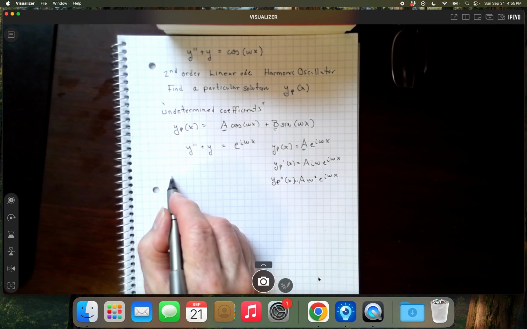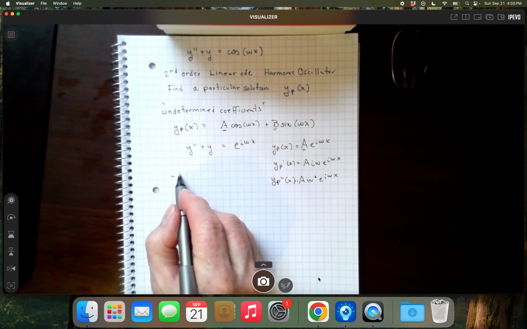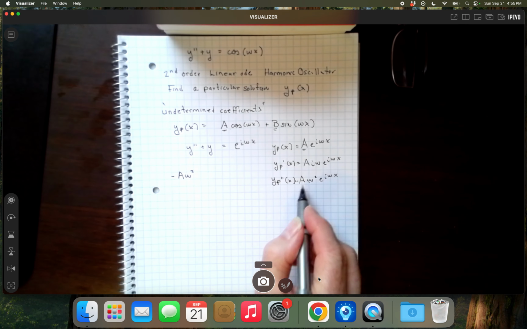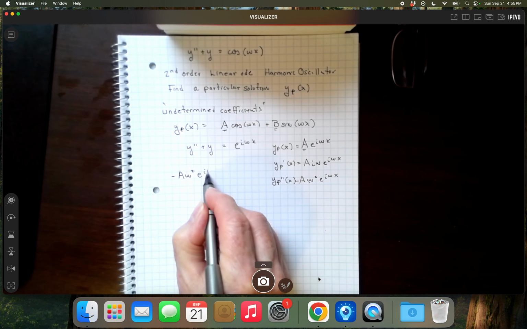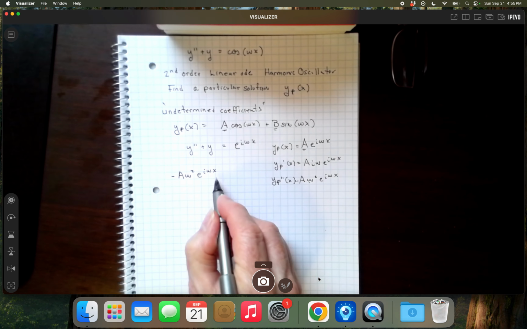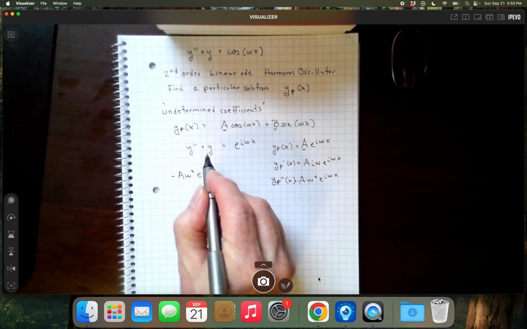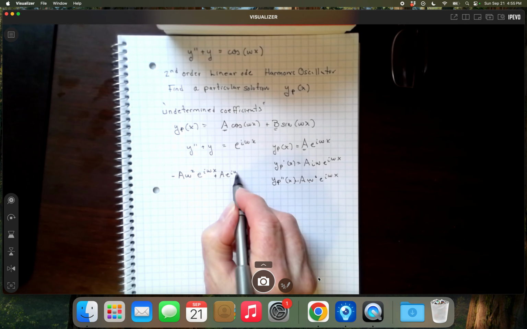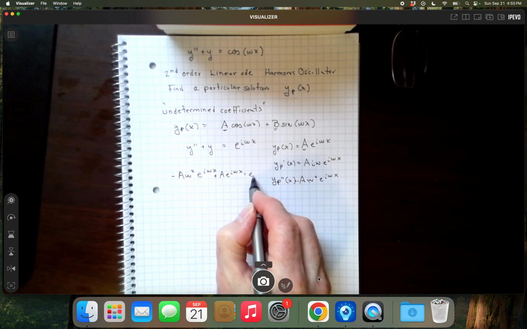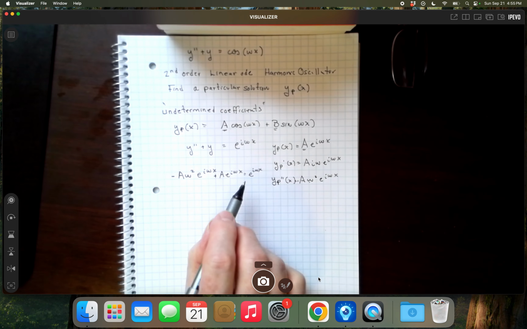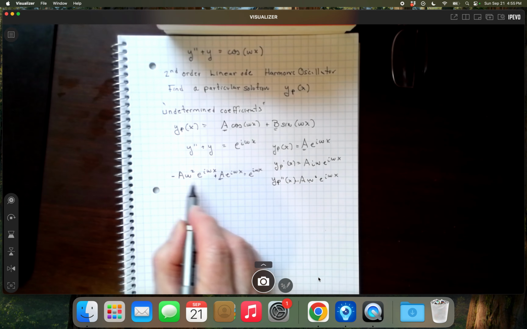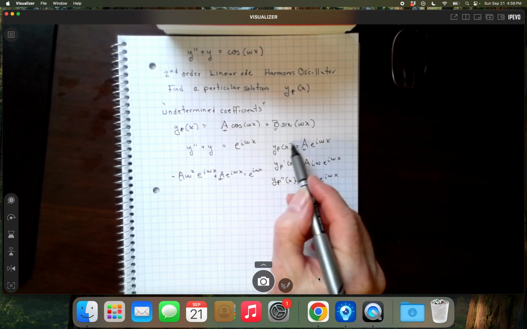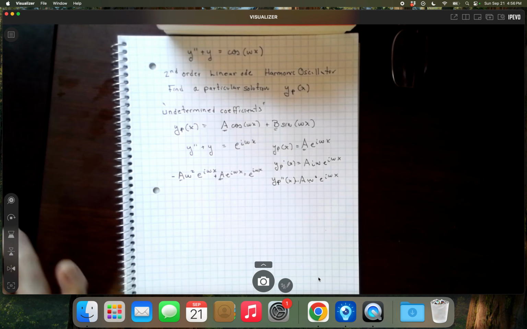The second derivative is minus A omega squared e to the i omega x plus y, which is A e to the i omega x, is equal to e to the i omega x. What are we trying to do? We are trying to find A, because once we know A, we've got our solution, the complex version of it.